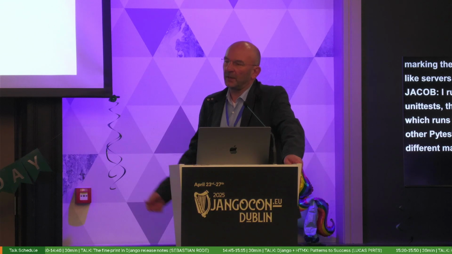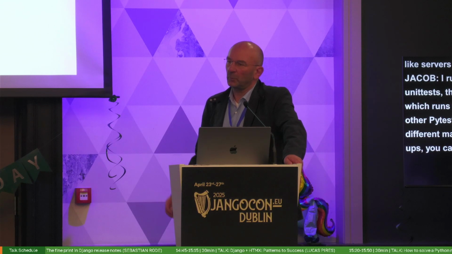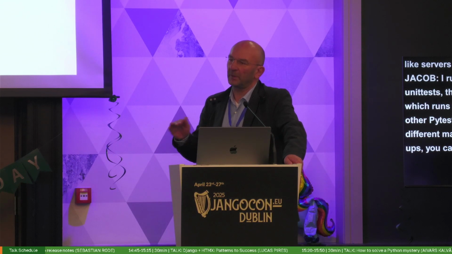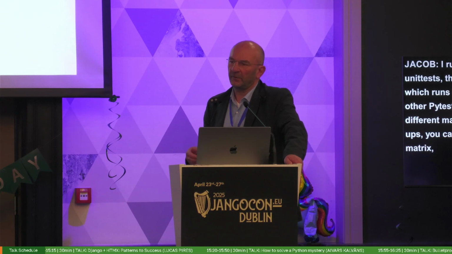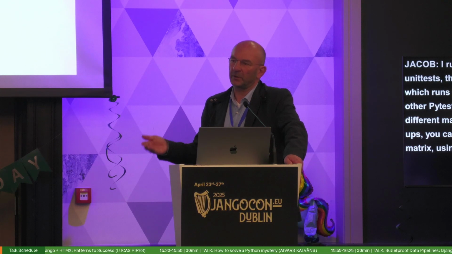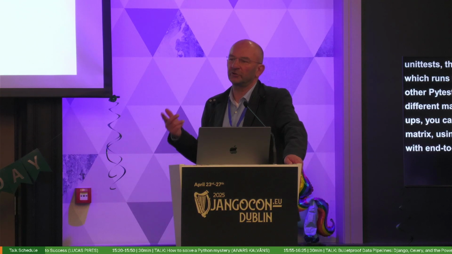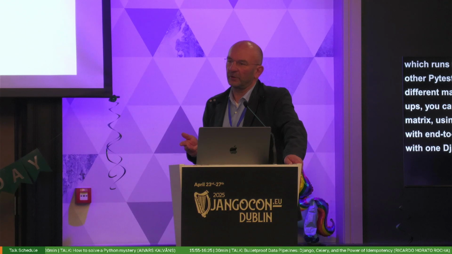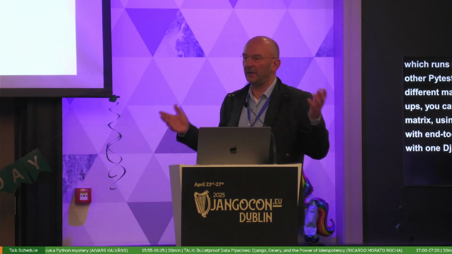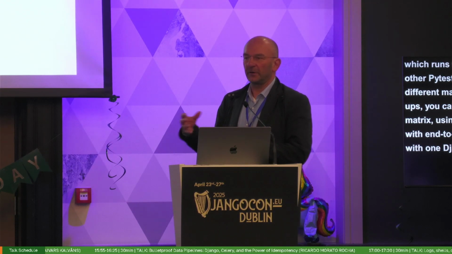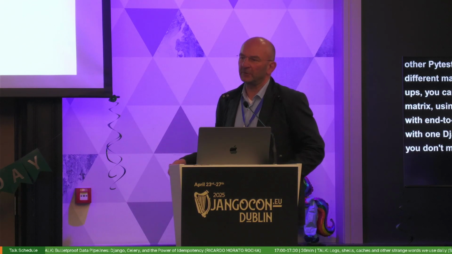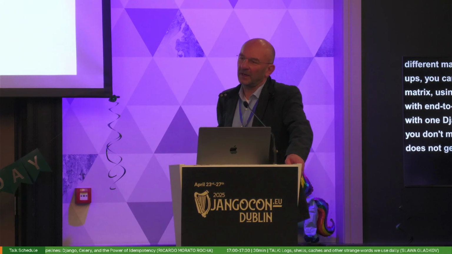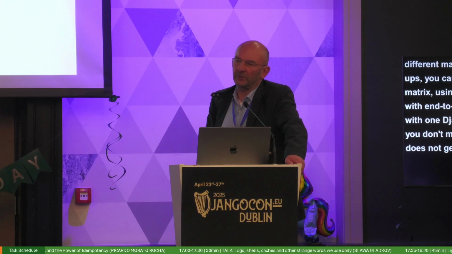You can probably do the unit tests using a matrix with different Python versions and different Django versions. And for the end-to-end tests, you do it with different browsers and just one Django version and one Python version, so that the matrix does not get multidimensional. So I would recommend that approach.